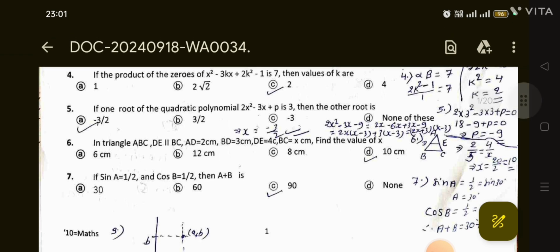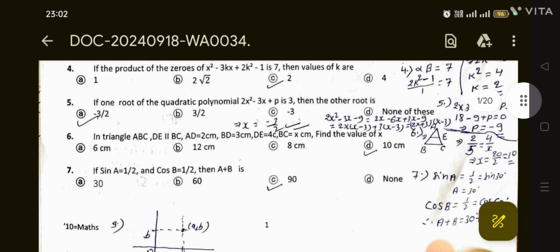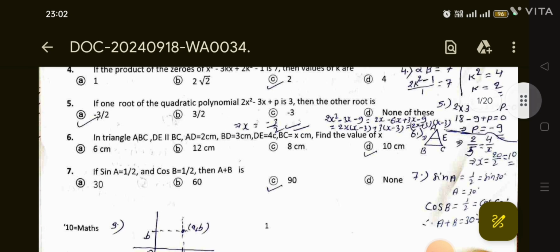Question 6. In a triangle ABC, if DE is parallel to BC and AD is 2 cm, BD is 3, DE is 4 and BC is x. Here you can see that DE is parallel to BC. So triangle ADE and triangle ABC will be similar. By AA similarity, we can take the two angles by corresponding angles.